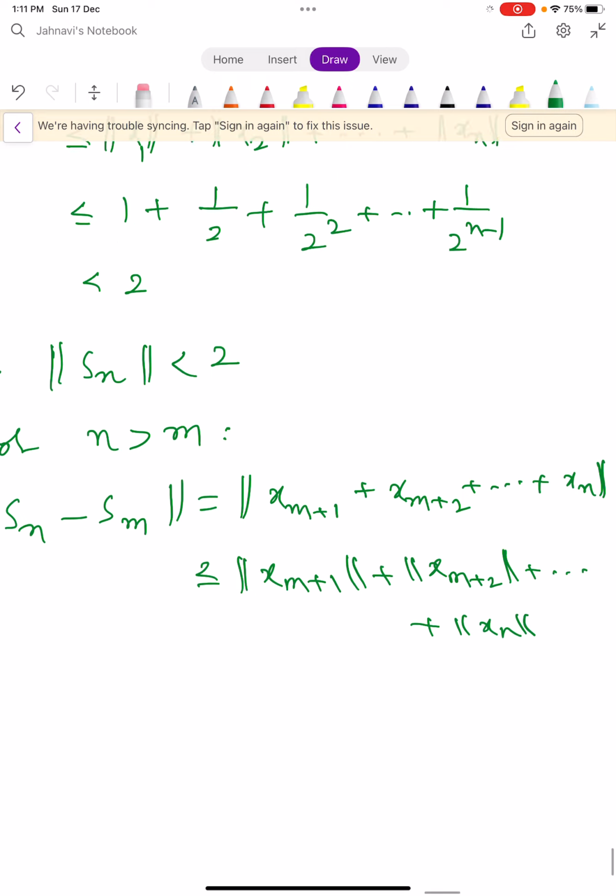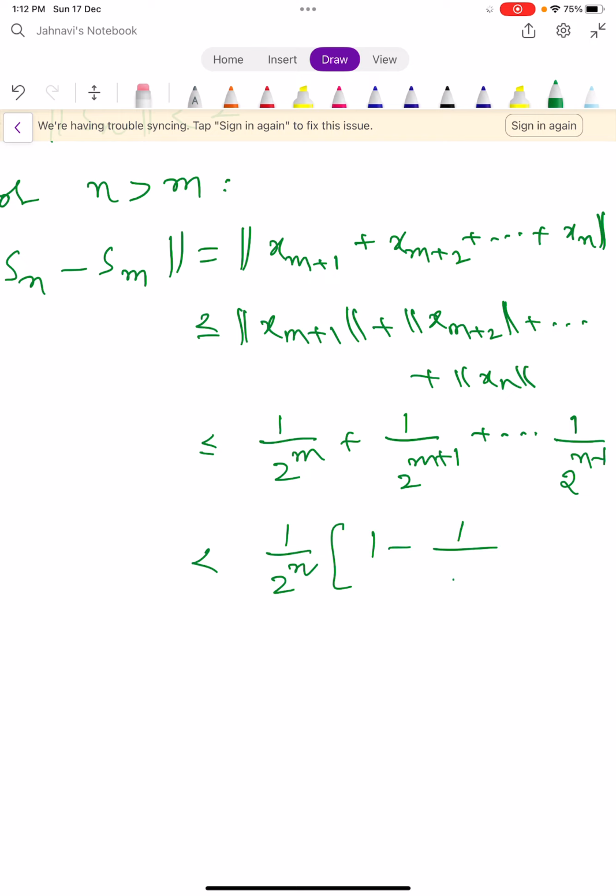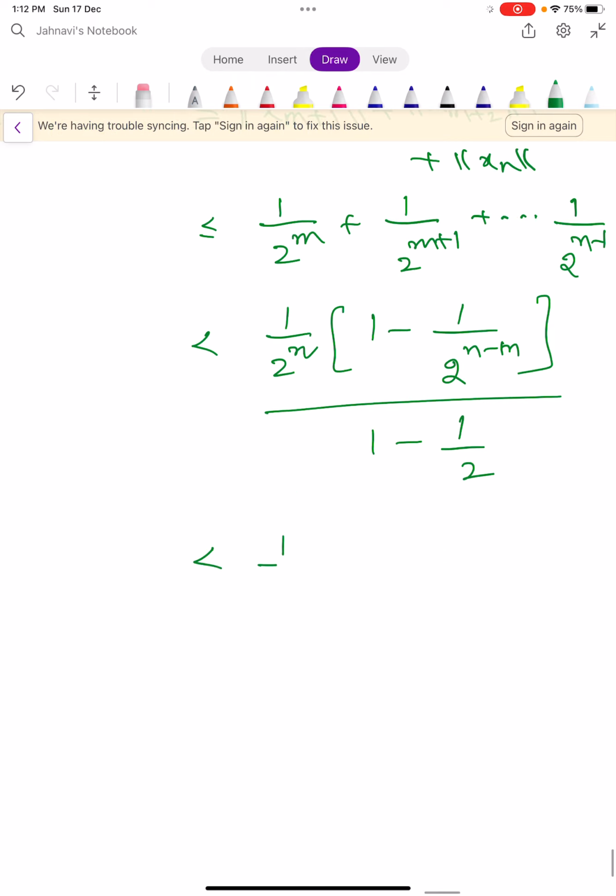These are simple calculations, you go through them. This is less than or equal to 1 by 2 power m plus 1 by 2 power m plus 1 plus and so on 1 by 2 power n minus 1, which is less than 1 by 2 power m into 1 minus 1 by 2 power n minus 1. This is the sum of the geometric progression with common ratio r equal to 1 by 2. So over 1 minus 1 by 2, which is less than 1 by 2 power m minus 1 minus 1 by 2 power n minus 1.